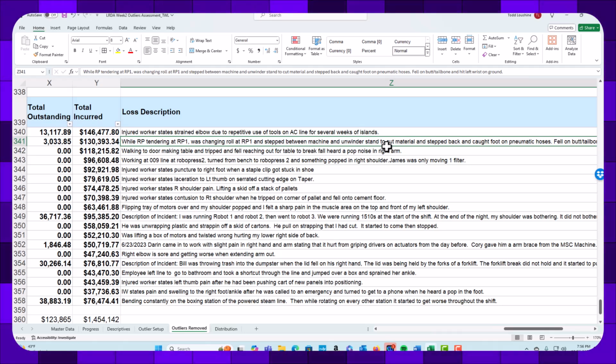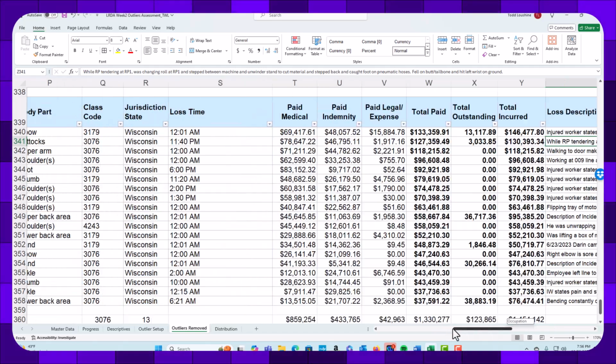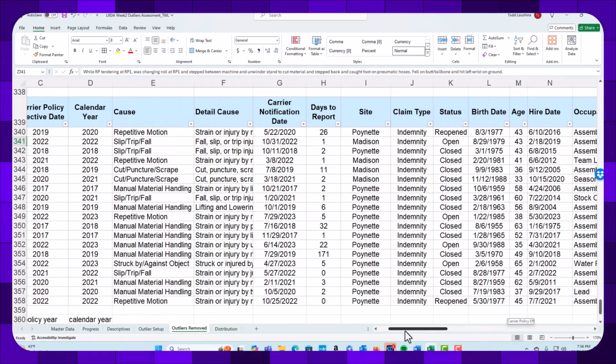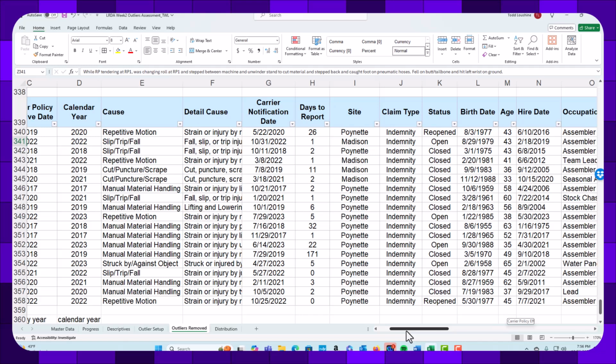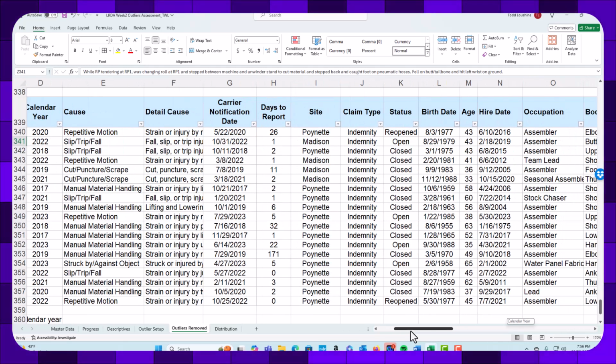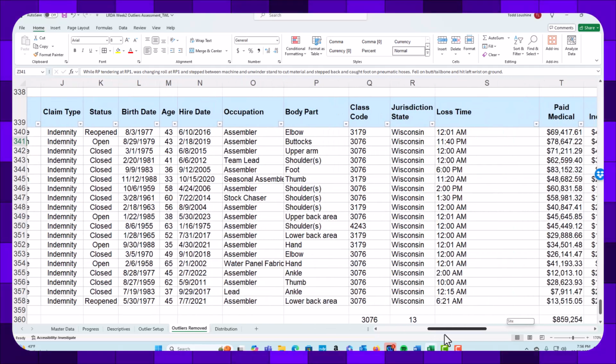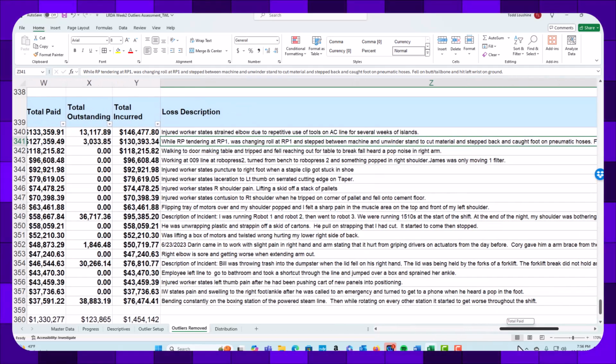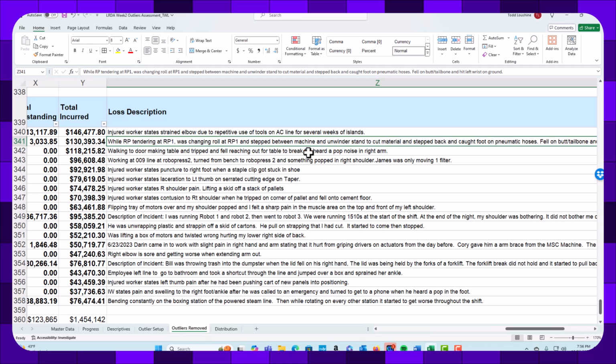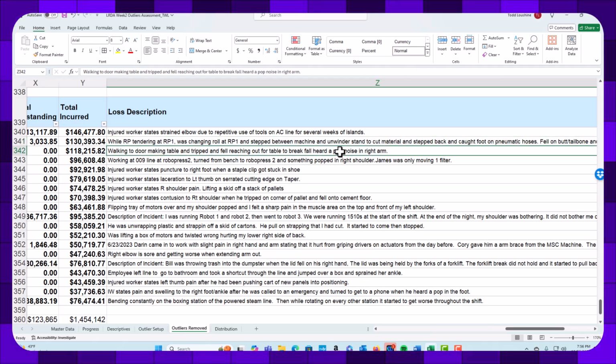So I don't know if it's like a strain. Do we have that language? Like a strain? No, material handling strain. I wish there was a little bit more detail. That would be helpful for this type of analysis, because it's like they felt a pop because they were attempting to reach out.